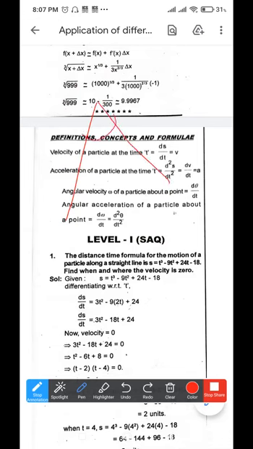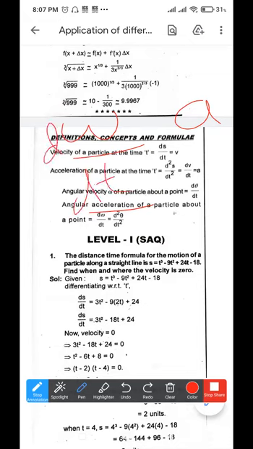Then angular acceleration is equal to change in omega.